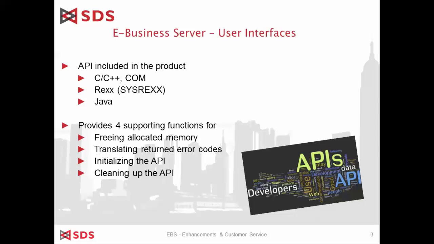The API is supported on Windows, Unix platforms, and on System z, and it also takes advantage of the new System Rexx, or SysRexx as it's commonly referred to, component, for z/OS eBusiness Server functions.